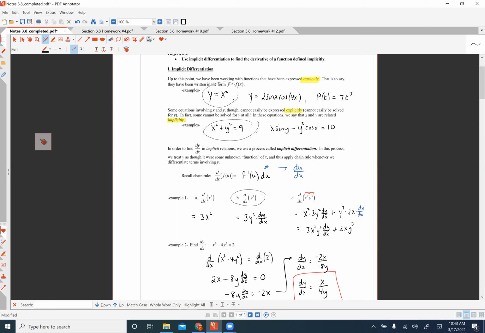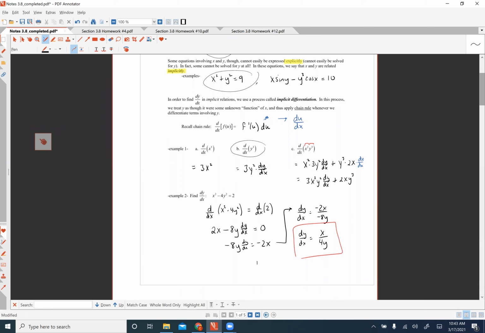So we're going to use the chain rule. We drop the exponent down, 3, and subtract 1 from the exponent, 3y squared, and then we take the derivative with respect to x, dy dx. And here's one that's even better: x squared y cubed. We have to use a combination of the product rule and the chain rule.